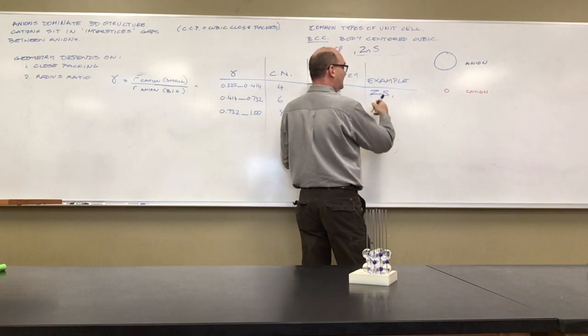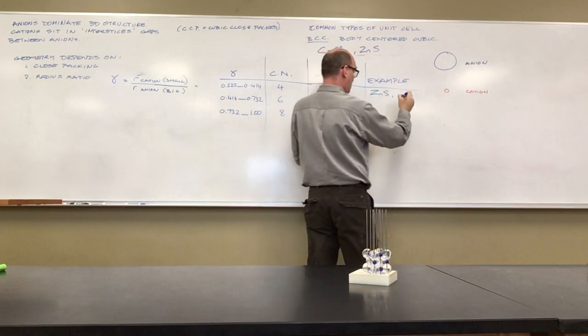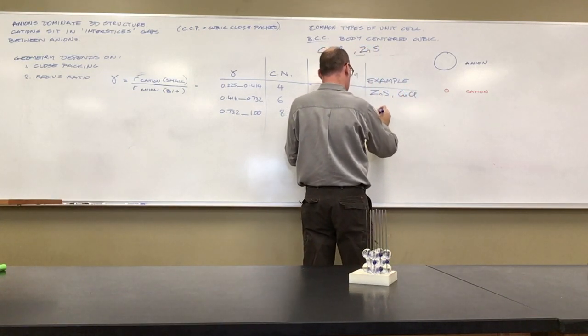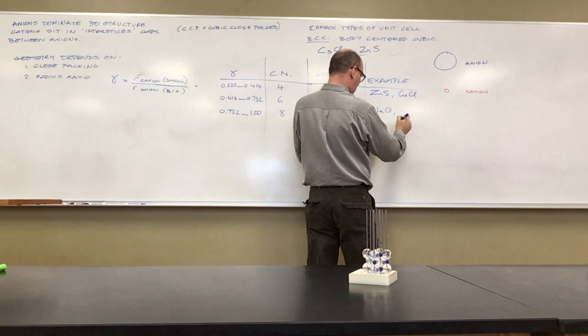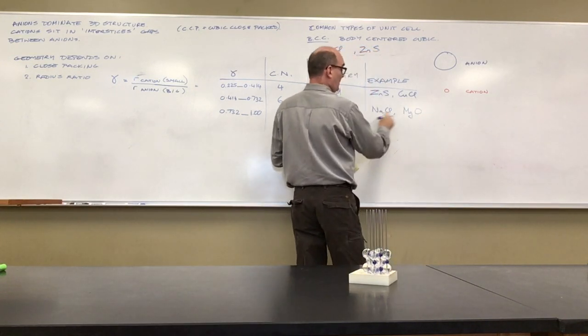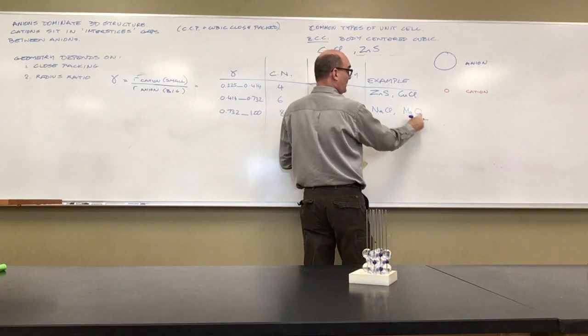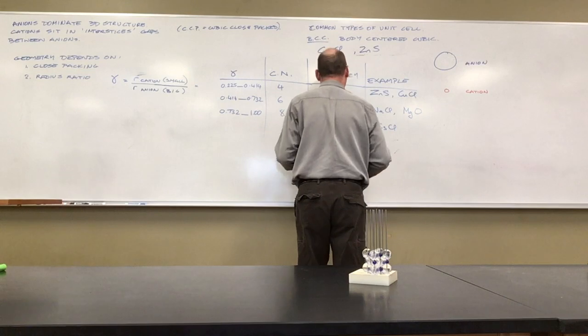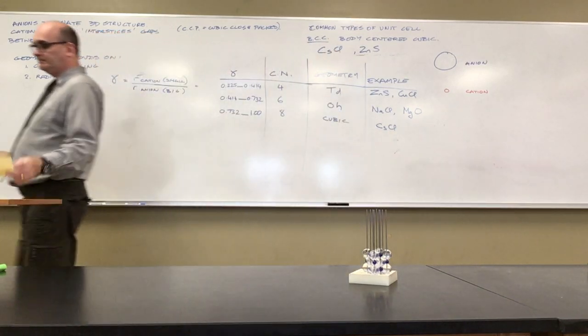So this is zinc sulfide or zinc blende and copper chloride. We see sodium chloride, face-centered cubic, as is magnesium oxide. 1 plus 1 minus, 2 plus 2 minus. And then we've already seen cesium chloride, simple cubic.